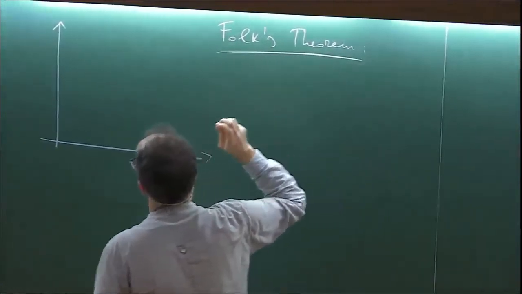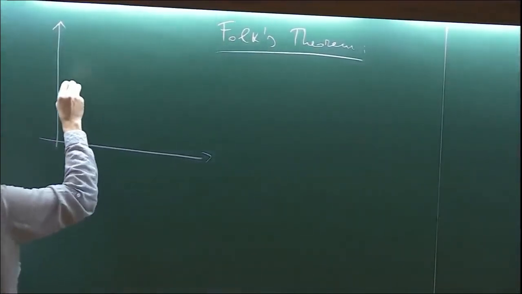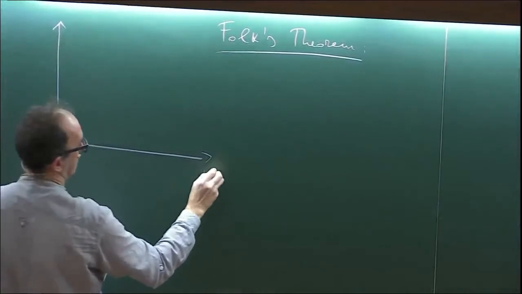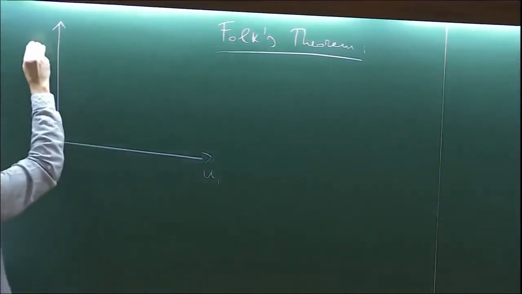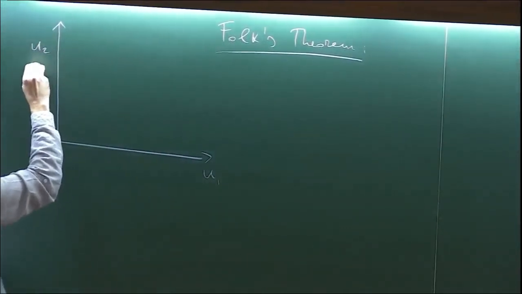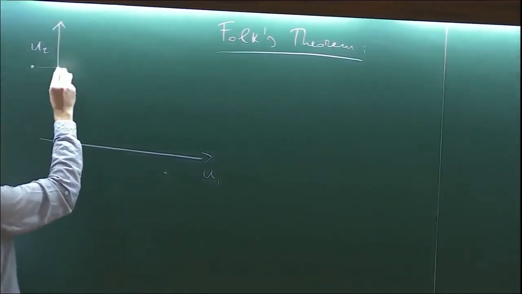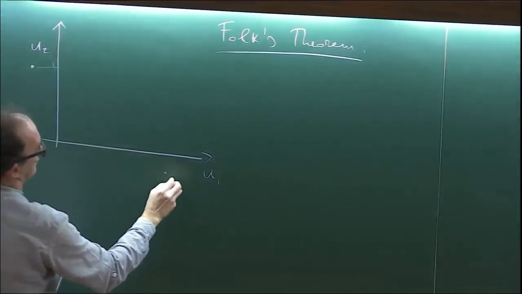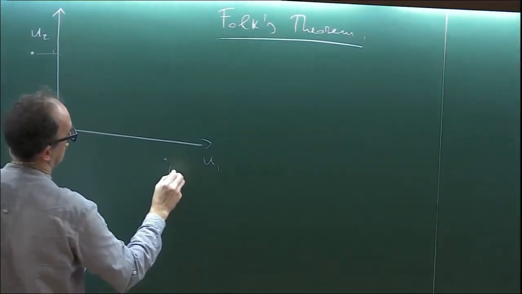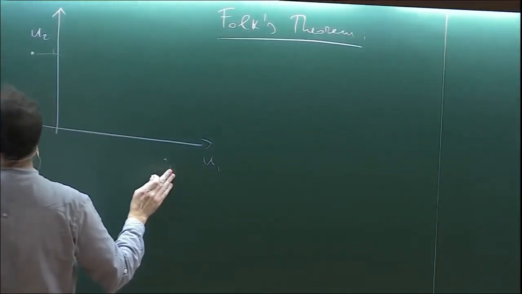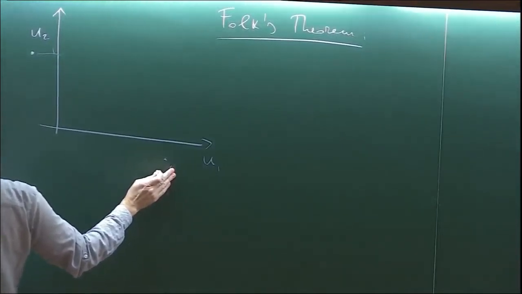It tells you that, in this particular case, if this is the payoff of player 1, and this is the payoff of player 2, you have these 4 points.